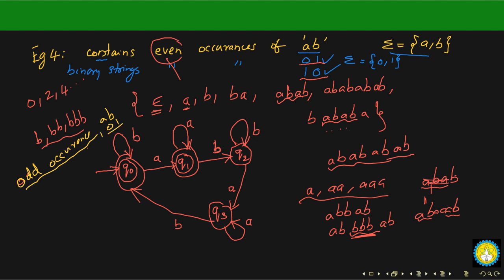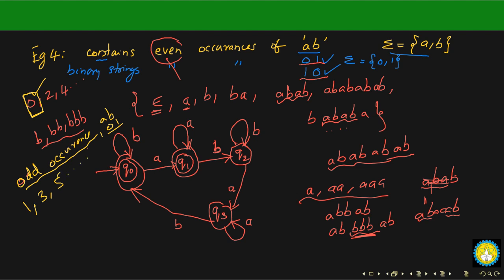Here it is a little tricky, because you have to make sure that you accept strings that contain no ABs at all, because no ABs means 0 ABs, and 0 is an even number. This is very important. Odd occurrences means you have to verify that the string contains 1 occurrence, 3 occurrences, or 5 occurrences, and so on.